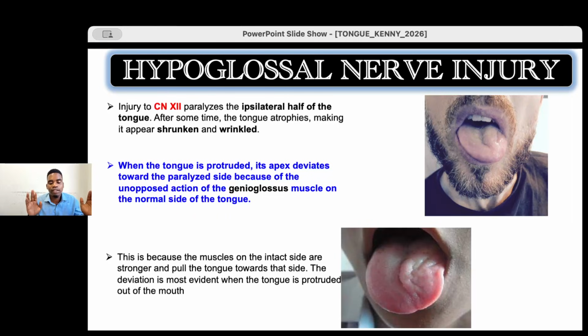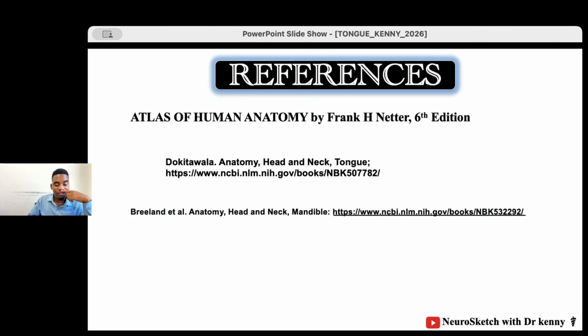And this is so important to note. Injure the hypoglossal nerve, you have ipsilateral deviation of the tongue. And you know why ipsilateral deviation of the tongue? Especially when the person is protruding the tongue, because that muscle, the genioglossus muscle, cannot work properly.